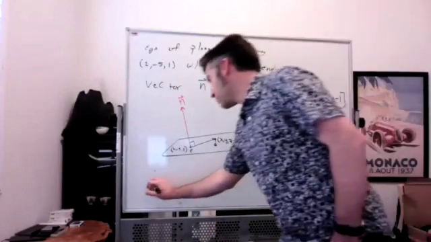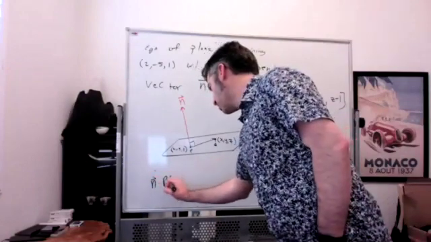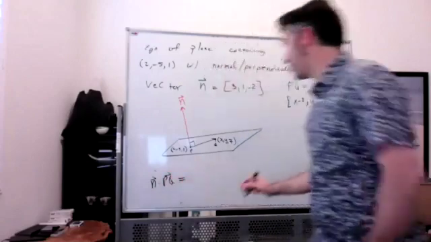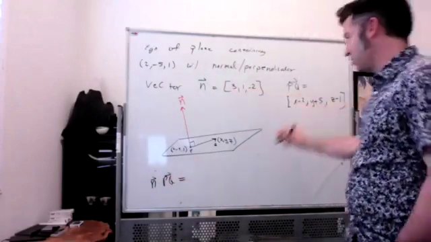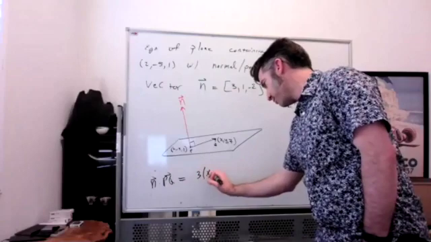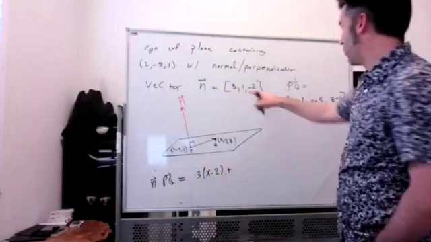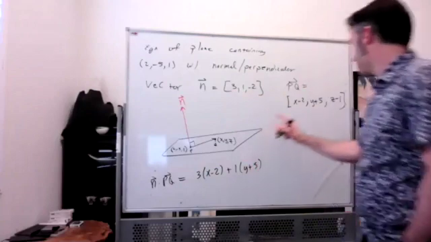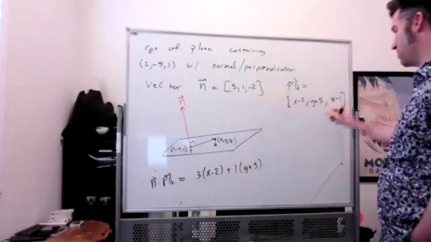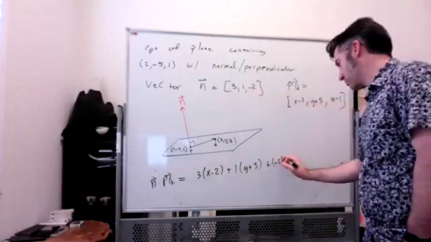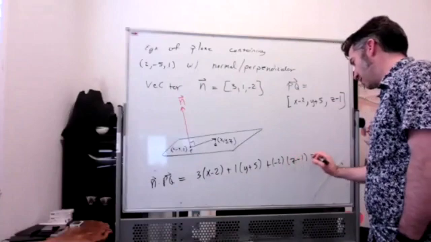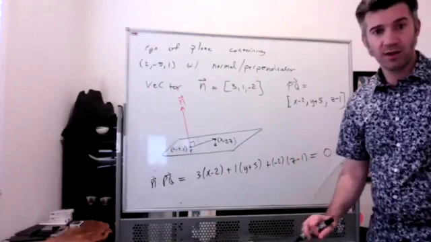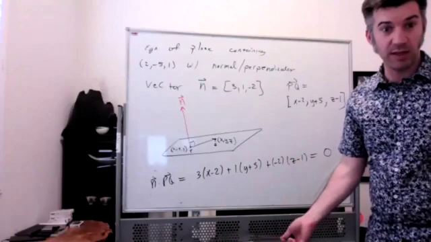So n dot PQ is, well, the dot product is 3 times (x - 2) plus 1 times (y + 5) plus -2 times (z - 1). And that has to equal 0. But look, this is the equation of the plane.